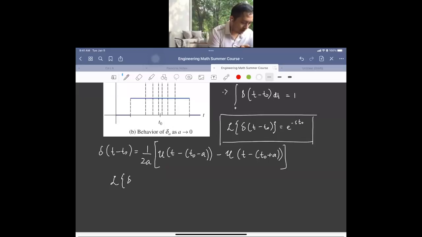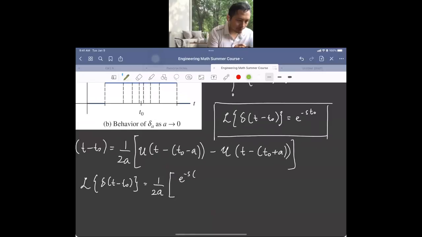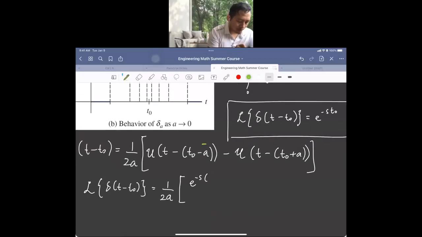Now, if you take the Laplace of this, it becomes e to the negative s times (t0 minus a) divided by s, minus e to the negative s times (t0 plus a), divided by s.